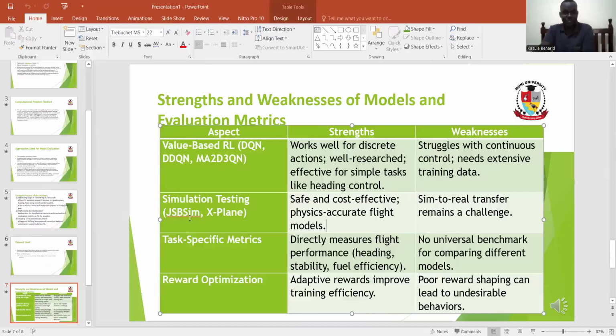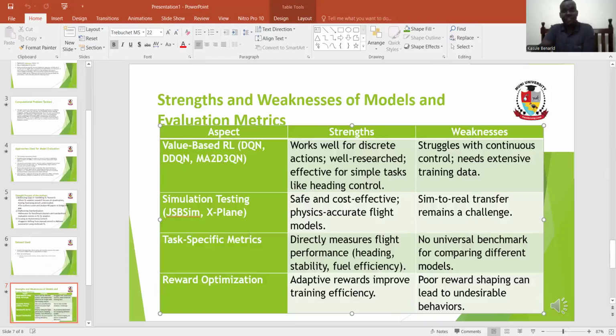Of course, when we see JSBSim, let physics-accurate flight come to our minds. Since we are saying it is simulation, we realize that transferring it to real life, or sim-to-real transfer, still remains a challenge. The other one is task-specific metrics. The advantage is that they directly measure flight performance, for example, the heading of the aircraft, the stability, and fuel efficiency.